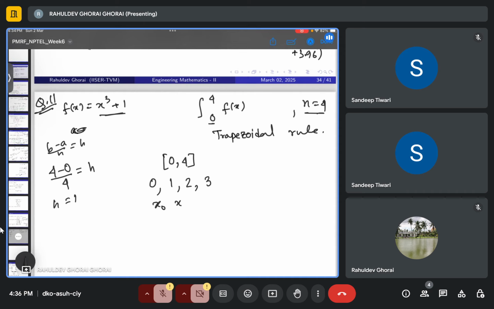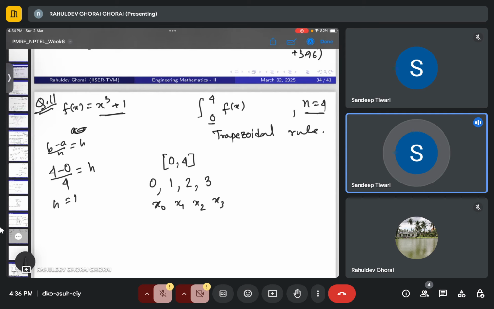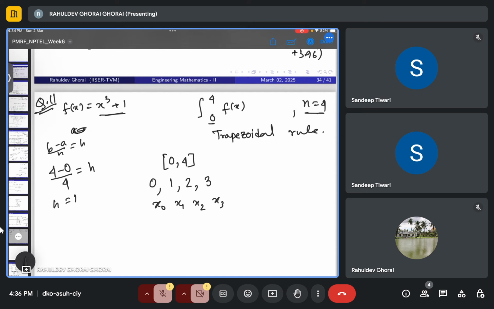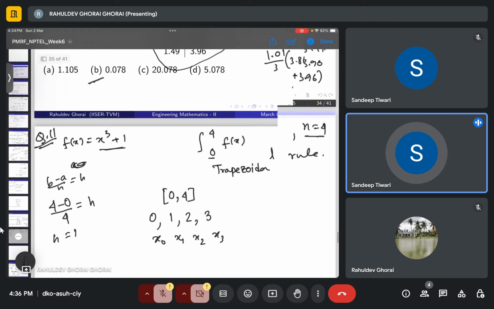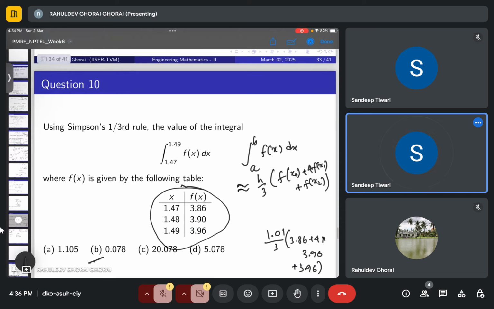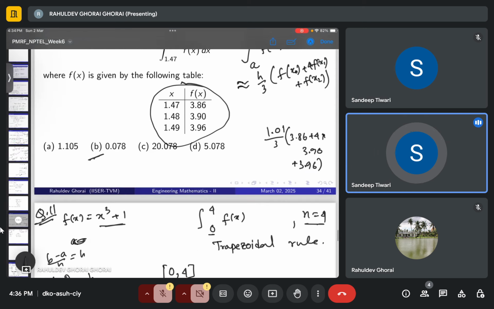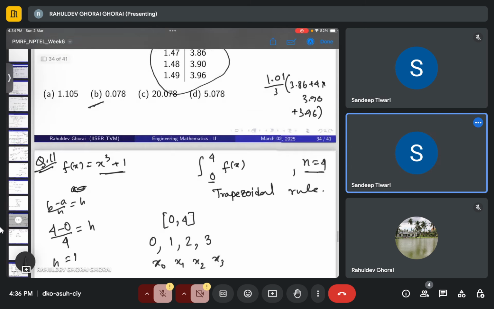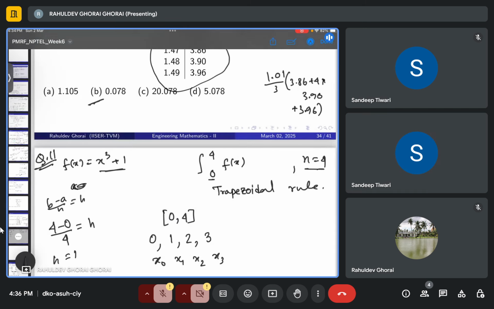x0, x1, x2, x3. But the first integral we take from x0 to x2. Sir, the first integral in the trapezoidal rule, we take I1 from x0 to x2, then I2 from x2 to x4. No, I don't understand what you're telling.